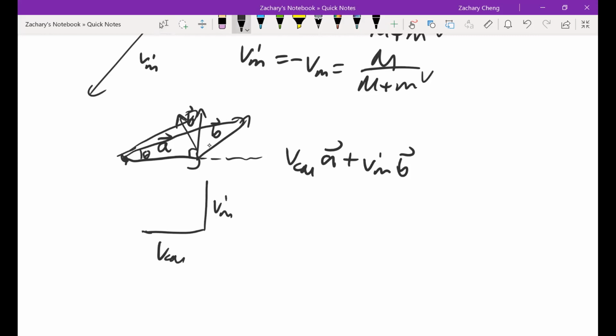We basically want to find this angle. So then obviously that would just mean that sine theta is equal to vM prime over VCM.